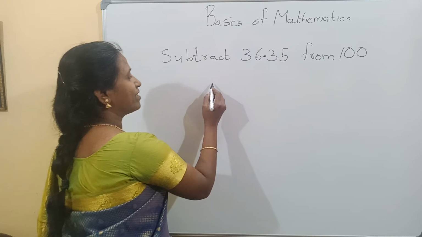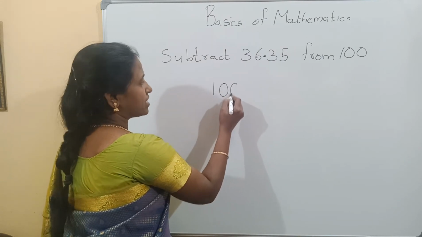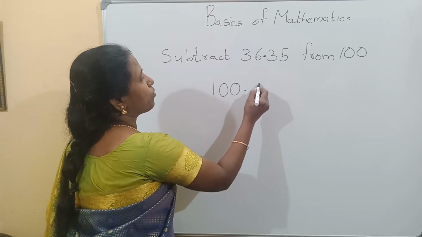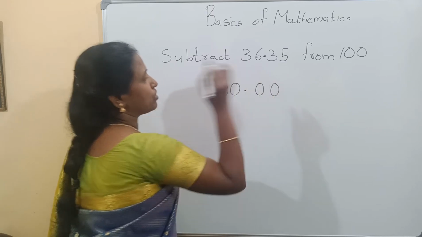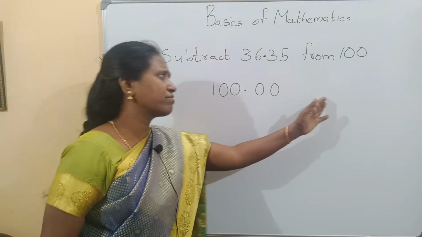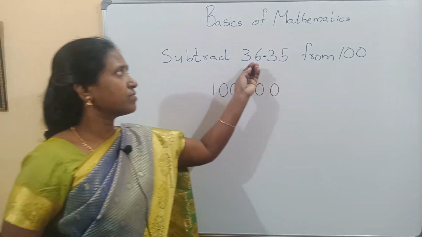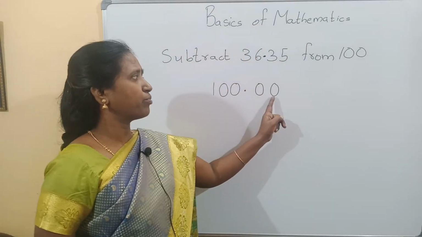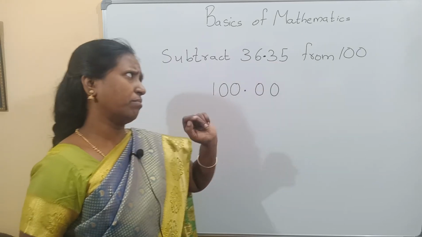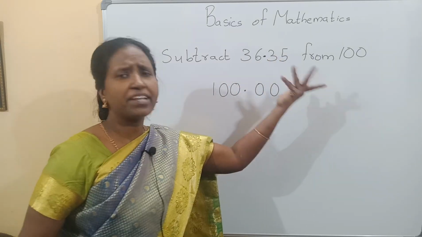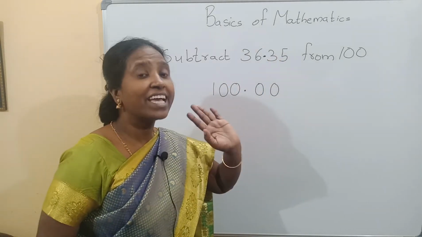I will tell you. 100 is nothing but 100.00. Any number of zeros you can add after the point, and it is according to the necessity that we are putting 2 zeros because there are 2 numbers. If there are 3 numbers, you put that many zeros. It doesn't have any value.